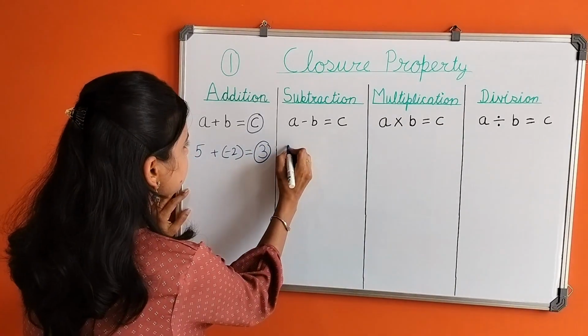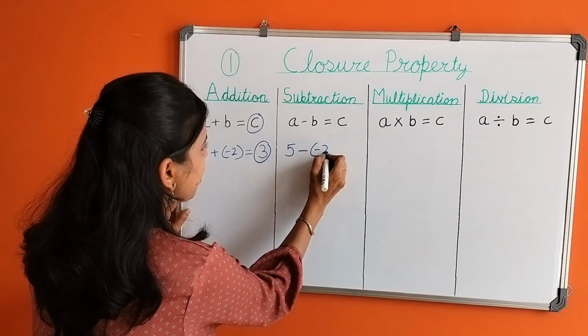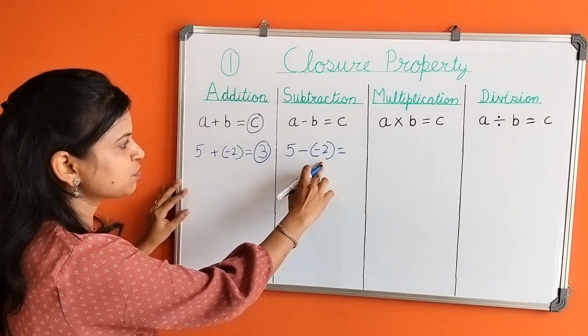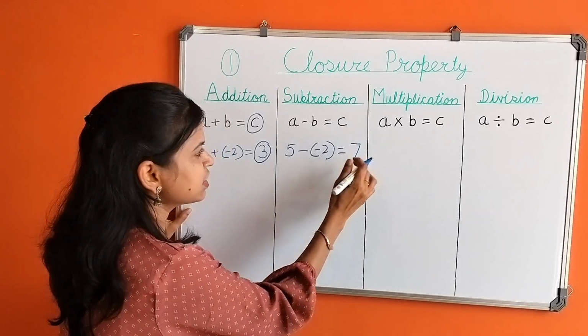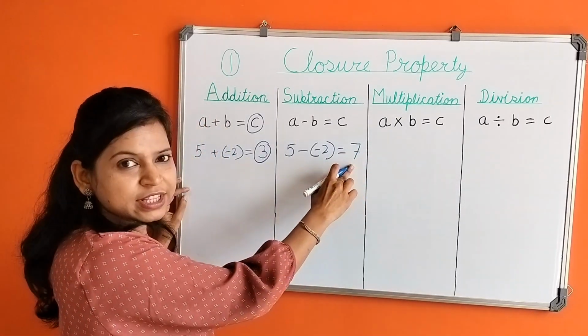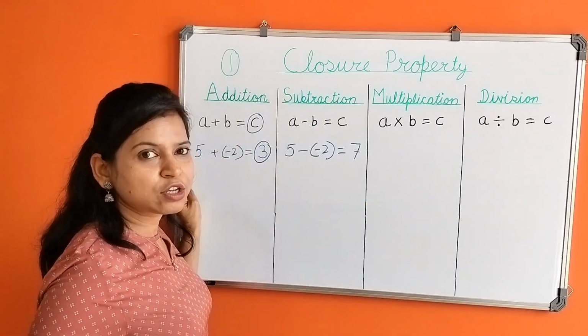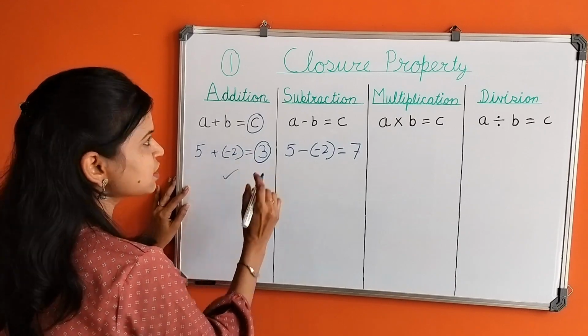Similarly, in subtraction, 5 minus minus 2, both are integers. So the answer is 7. This is also an integer. So subtraction also comes under the closure property. So for addition, this is true.